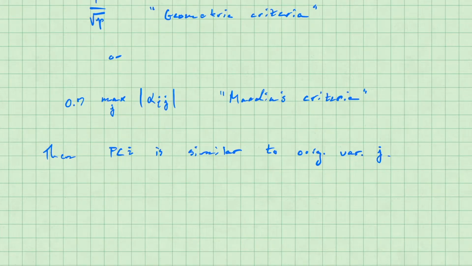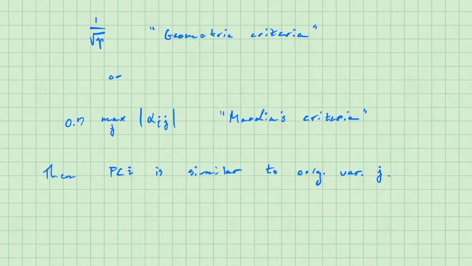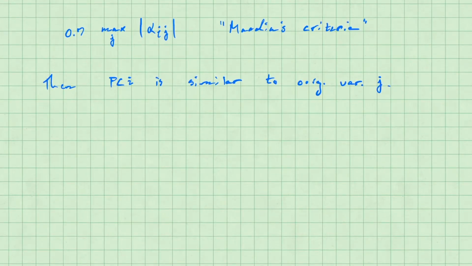That's one obvious way to interpret these things. You can look straight at the matrix of loadings and understand the meaning of the different principal components that you've come up with.